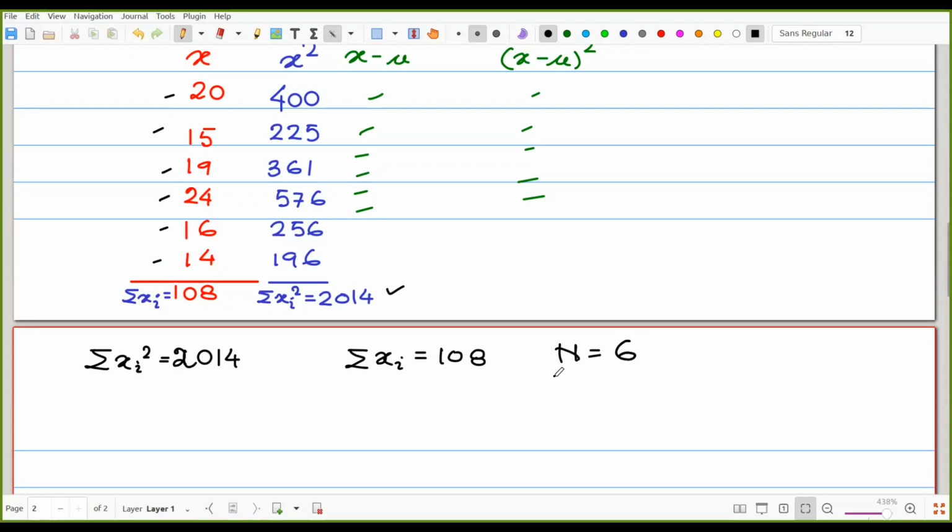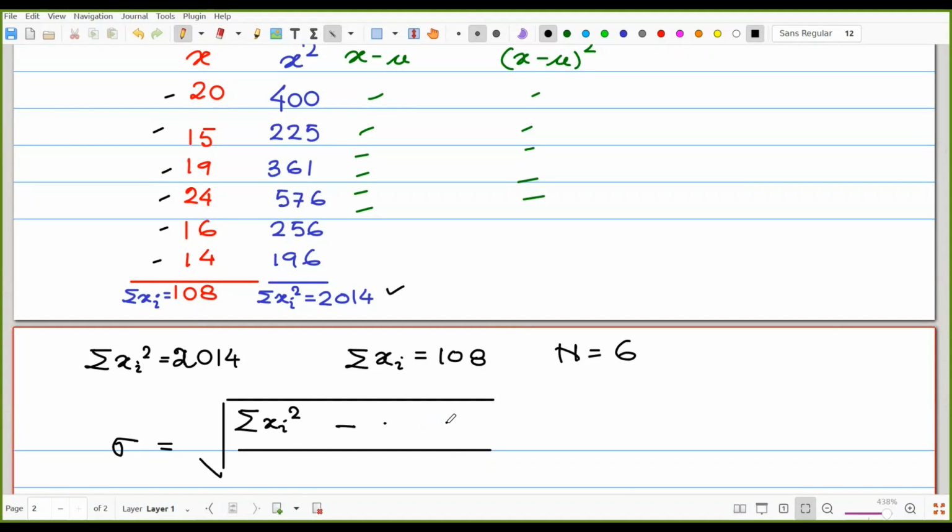So n is equal to 6. Then find the sigma from here. And what was the formula? Summation of xi whole square minus summation of x its whole square, then divided by n, then divided by n.